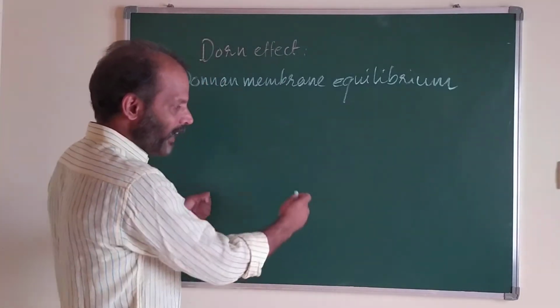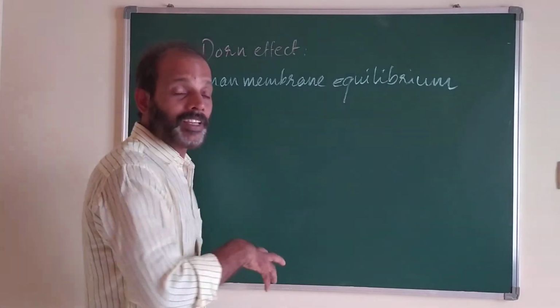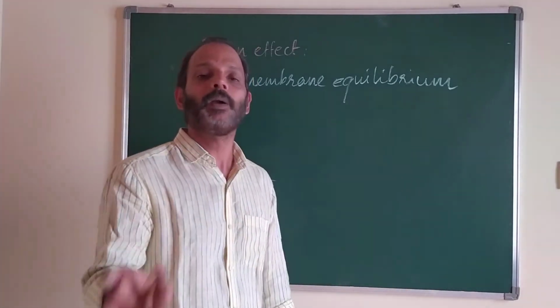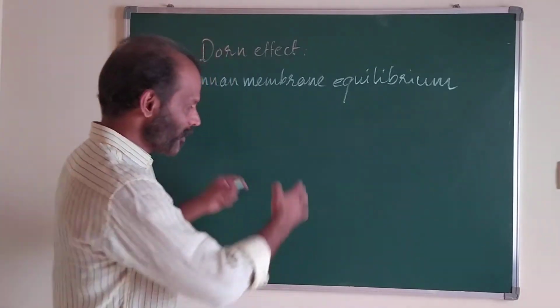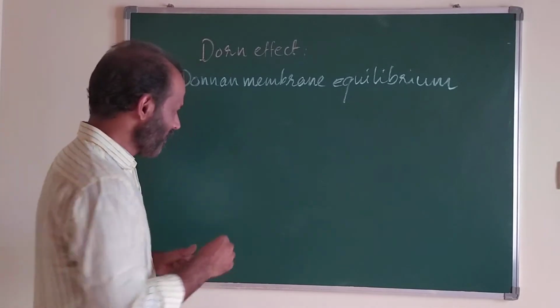Suppose we are separating two solutions, one having diffusible ions and the second having non-diffusible ions, by a semi-permeable membrane.